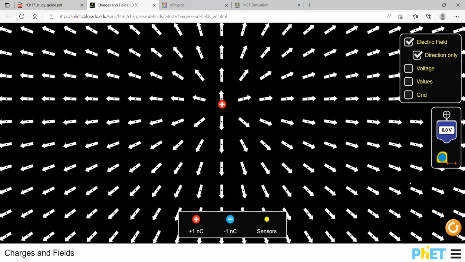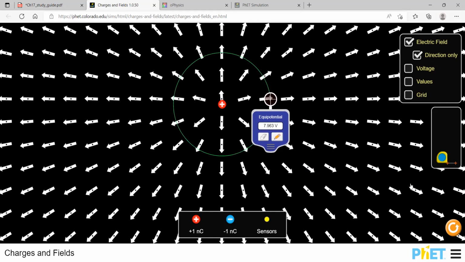Because this is a simulation, we can easily determine it using this tool. You bring it here, click on this pencil, and it will draw a potential.